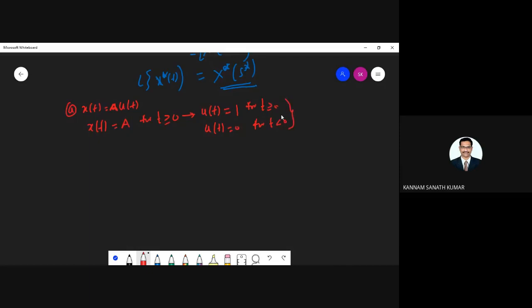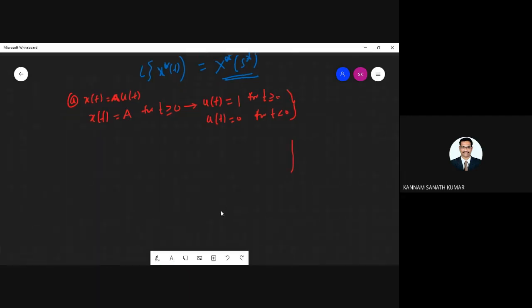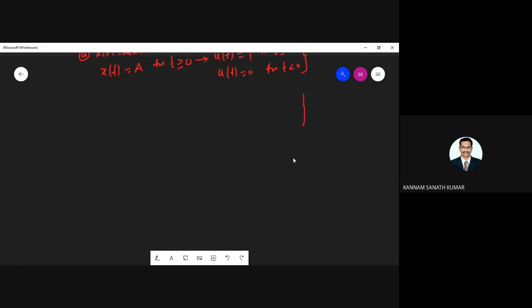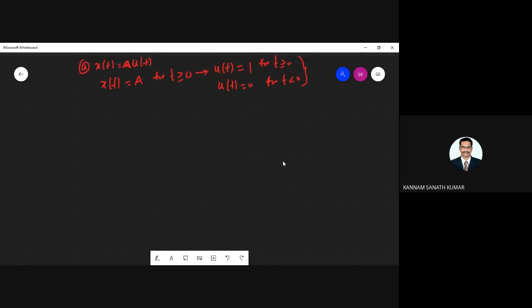Based on this definition, you have to apply the Laplace transform for the given signal.